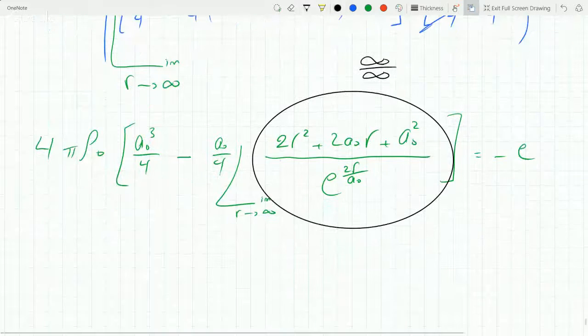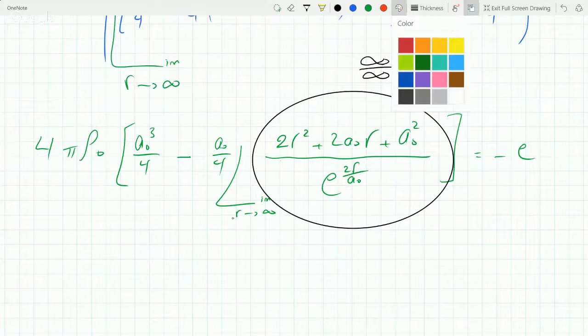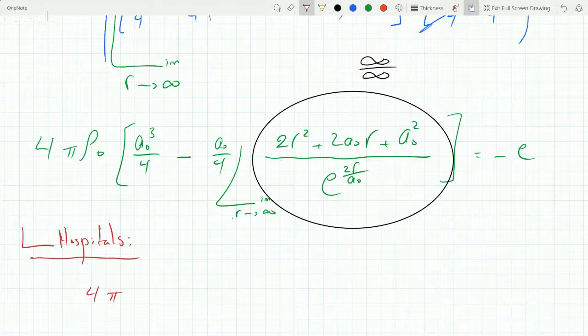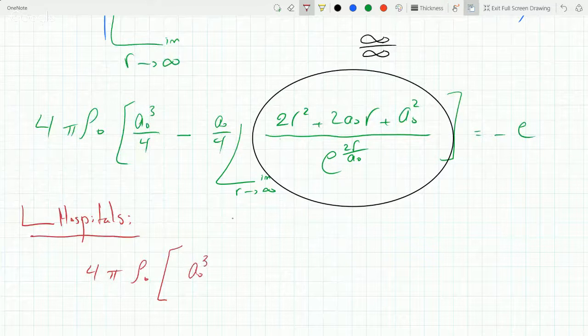So we're gonna do L'Hopital's, whatever you guys want to call it, to evaluate the limit. So the next step will be 4 pi rho 0 a0 cube over 4 minus a0 over 4.